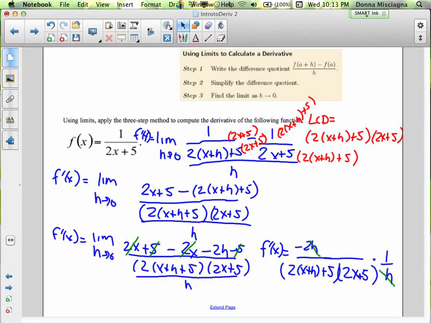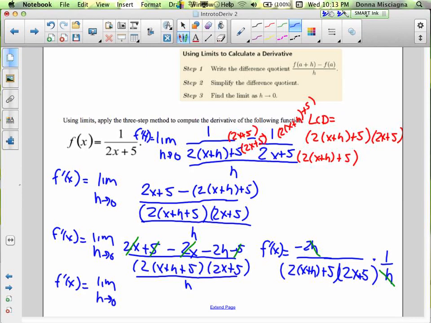So now we have, we're almost done, f prime of x equals the limit as h approaches 0. We have just a negative 2 in the numerator, and then we have that mess in the denominator. 2 times x plus h plus 5 times 2x plus 5. But now all we have to do is plug a 0 in for the h's.